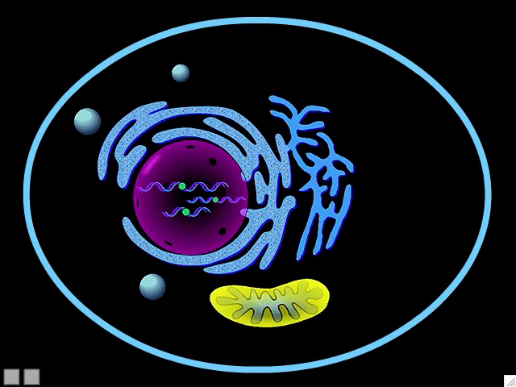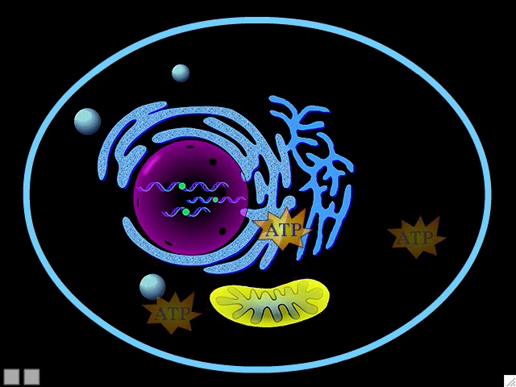All right, well, the last organelle we're going to talk about is the mitochondria, like you see right there. The mitochondria is sometimes called the powerhouse of the cell. And the reason they call it that is it's where the ATP gets made. So the job of the mitochondrial organelle is to make ATP. We've talked about ATP quite a bit already.